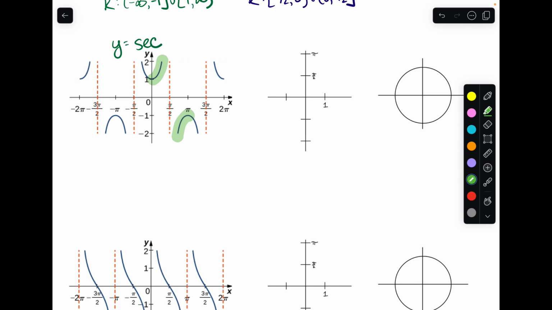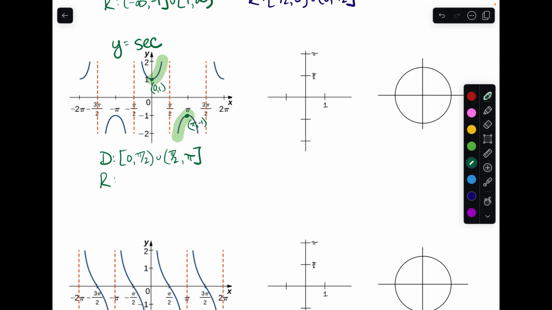So if I label that domain and range, the domain starts at 0 because there's a point here at 0, 1. So the domain is 0 to pi over 2, but I can't include that because there's an asymptote there. And pi over 2 to pi with a bracket because there's a point here, again at pi, negative 1.